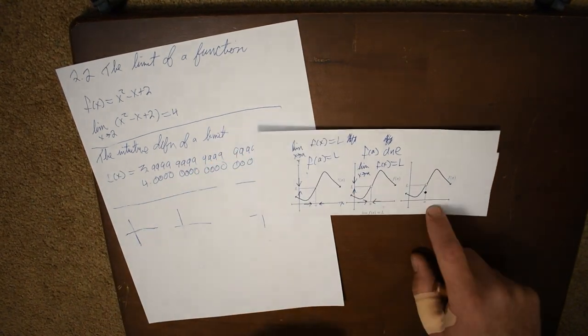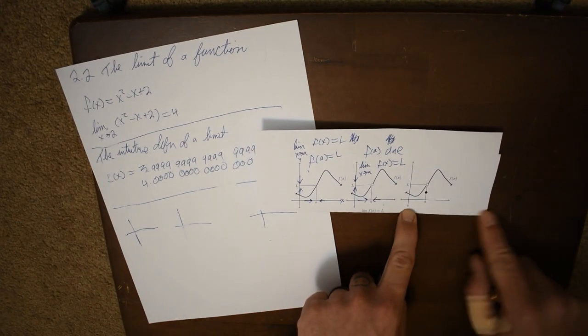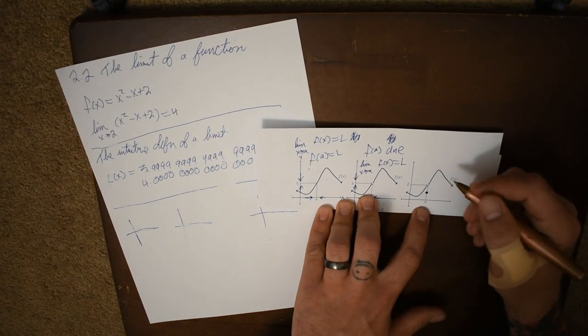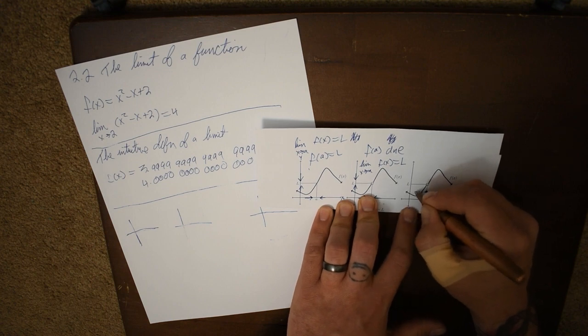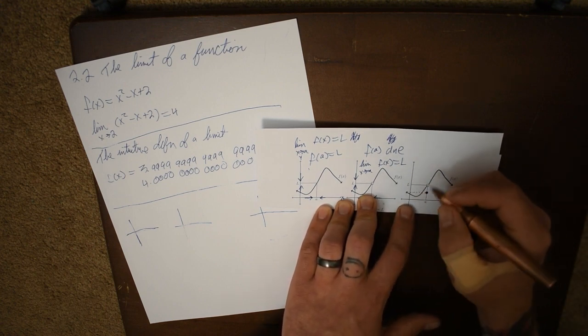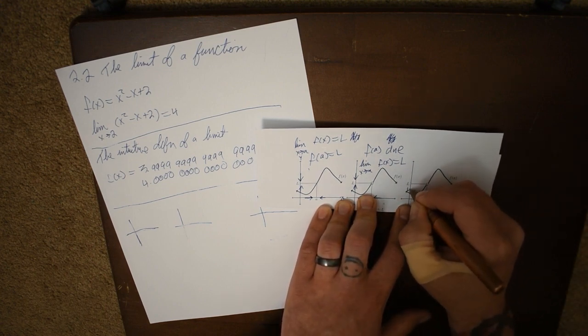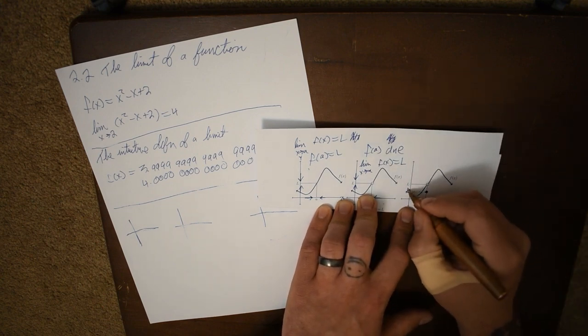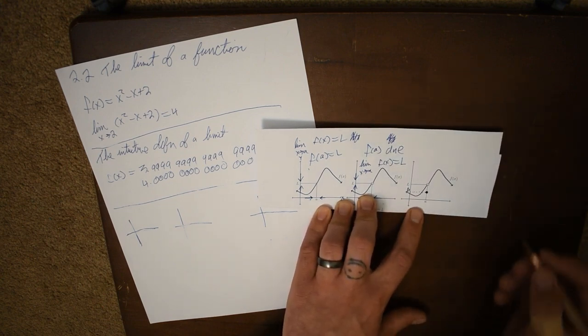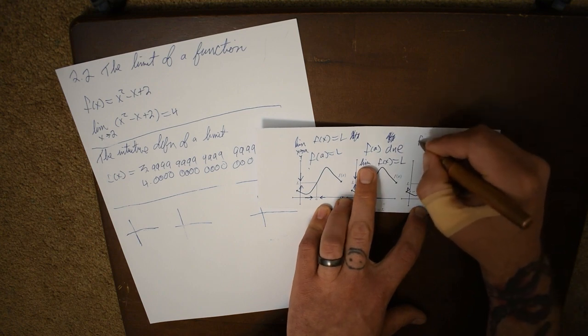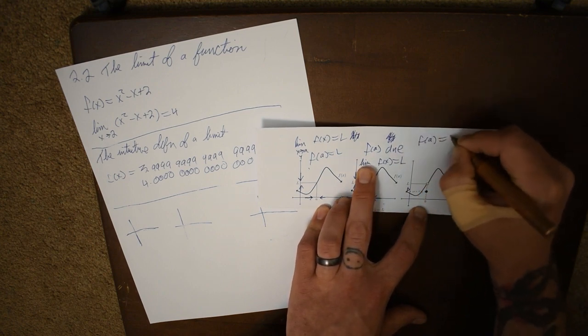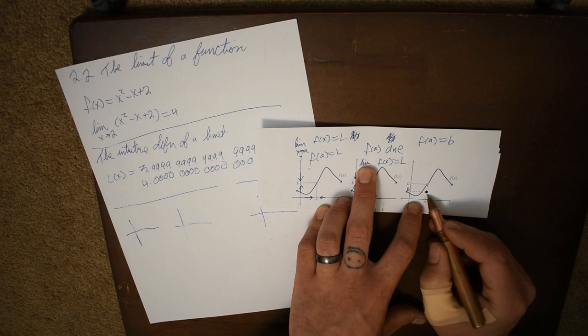This one's kind of tricky. Now, if you look, and I'm going to give this some, we will call that B. This y value is B. If you look in this third graph, f of a is equal to B. We have a y value associated with this x value.